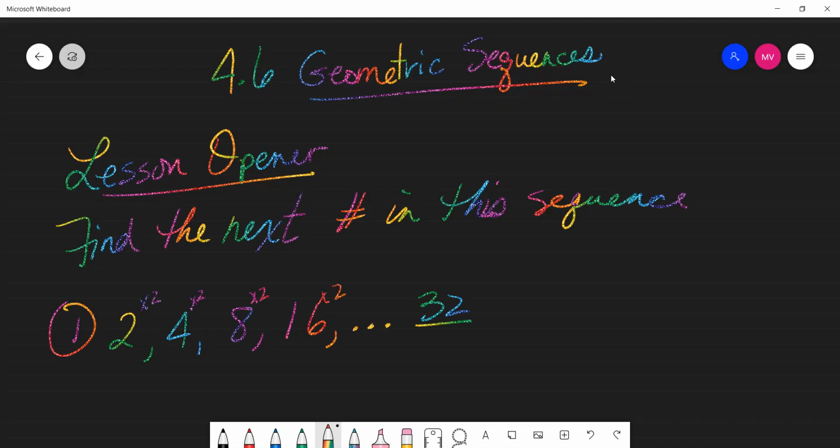So that means that your difference is not common because it has a different value every time, but there is a pattern to that difference, right? The difference each time is the previous term multiplied by a number, which gives you the new one. So you still have a pattern, but it's not a common difference. That's what we're going to be looking more into as we get into geometric sequences.